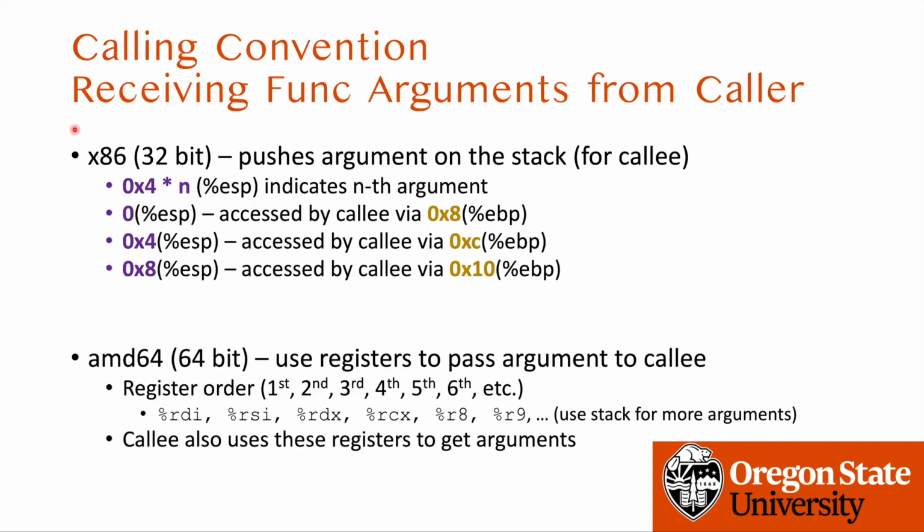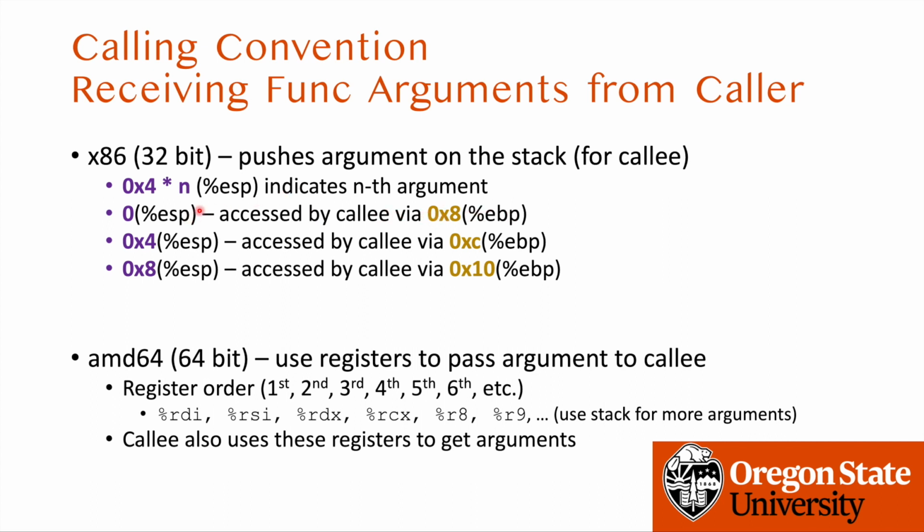And this is the so-called calling convention. In x86, we pass function arguments to the callee using ESP. So as a callee, we need to get the arguments from the caller from the stack too. The value stored at n multiplied by 4 over ESP indicates the nth argument. For example, 0 over ESP is the first argument, and we can access it from the callee by applying 0x8 over EBP.